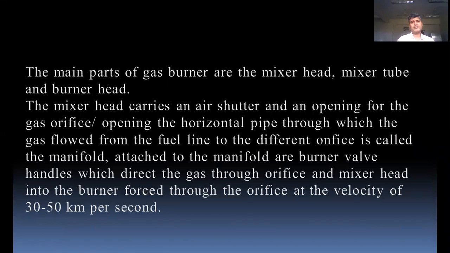Now the main parts of gas burner are mixer head, mixer tube, and burner head. At the starting point only, the mixer head carries an air shutter and an opening for the gas orifice.